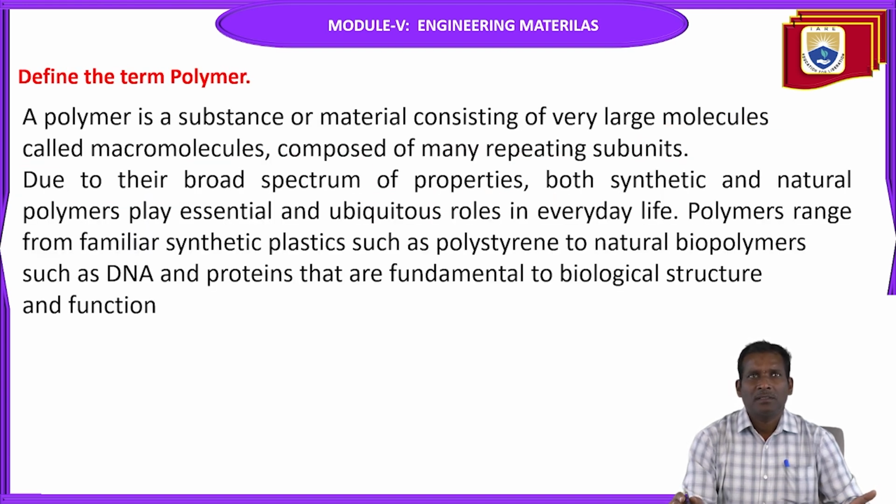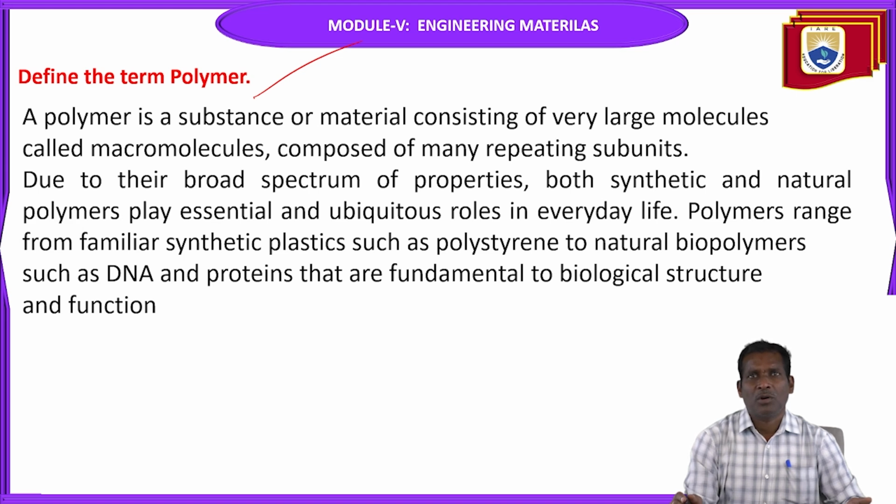Next material is polymer. How do you define a polymer, and then we will see classification and properties. A polymer is a substance or material consisting of very large molecules called macromolecules, composed of many repeating subunits.